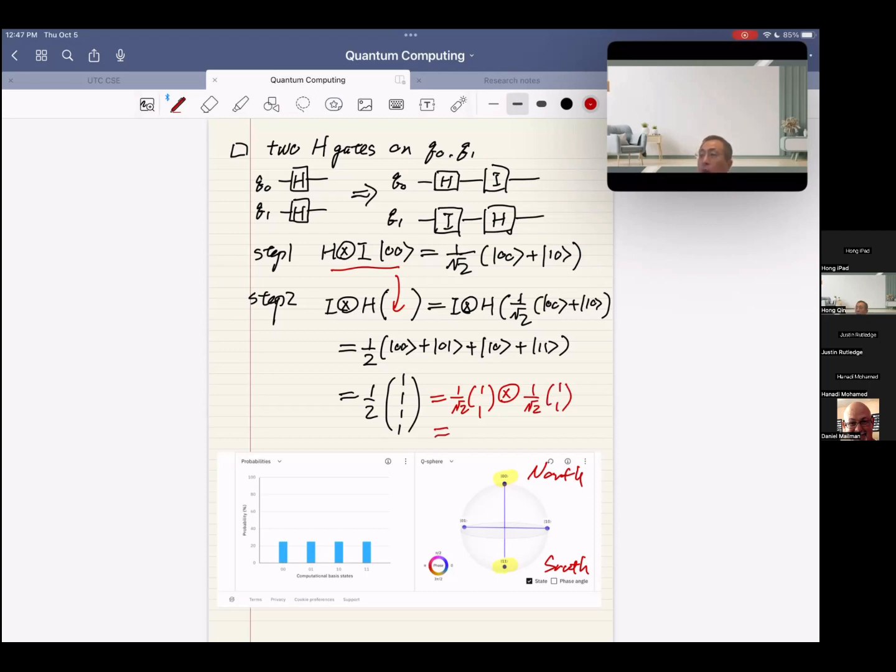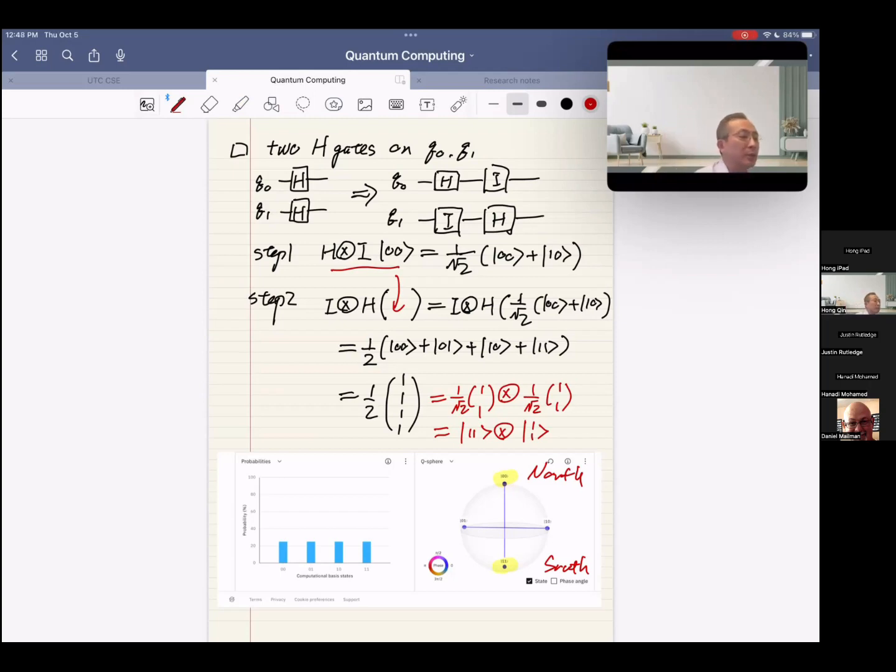which is what? Oh wait, no, that is not 1. Is that 1? Yes, it is 1. Sorry. So now it's a tensor product of the two bases. Yes.